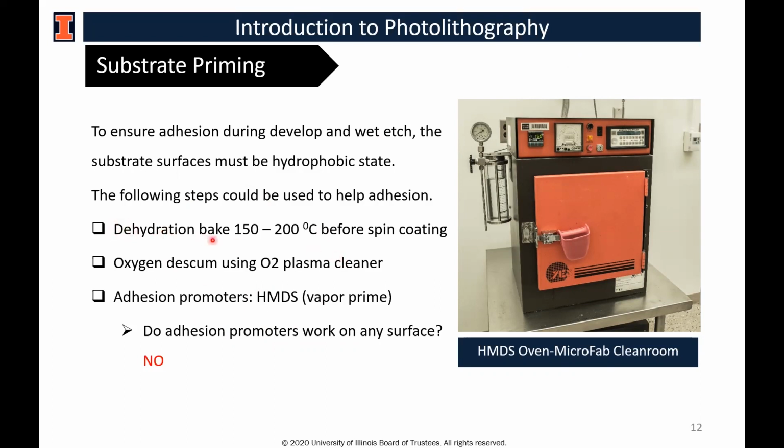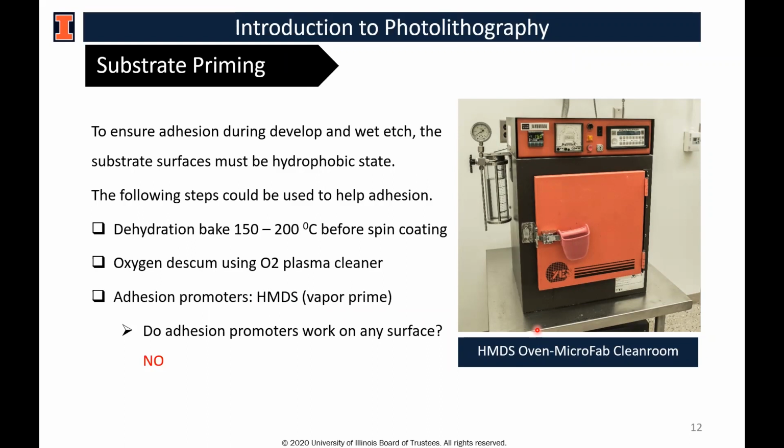You can dehydrate bake the substrate at 100 to 200 C before the spin coating. Say 5 minutes, 10 minutes, however long you want, doesn't matter. You can run oxygen descum using the oxygen plasma cleaner. Also, you can apply adhesion promoters such as HMDS. This is the tool, HMDS oven, we use to prime our substrate.